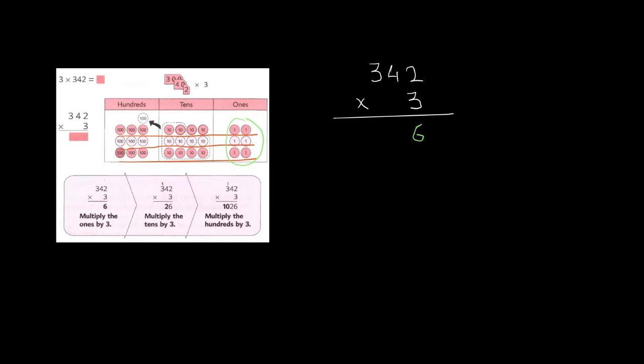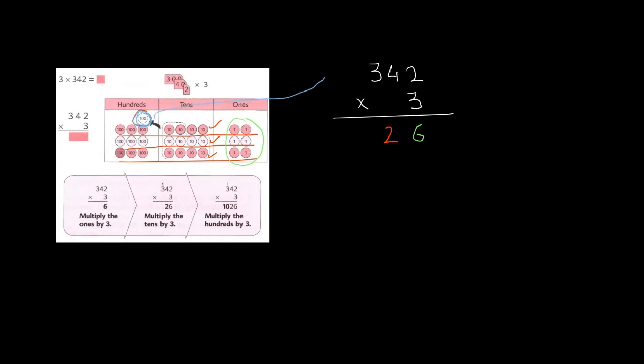Now I have one 4 ten, two 4 tens, three 4 tens. Three 4 tens give me 12 tens. So I'm going to write 2 over here, and then I have 10 tens, but the 10 tens will get converted into 100, and this is exactly right over here.